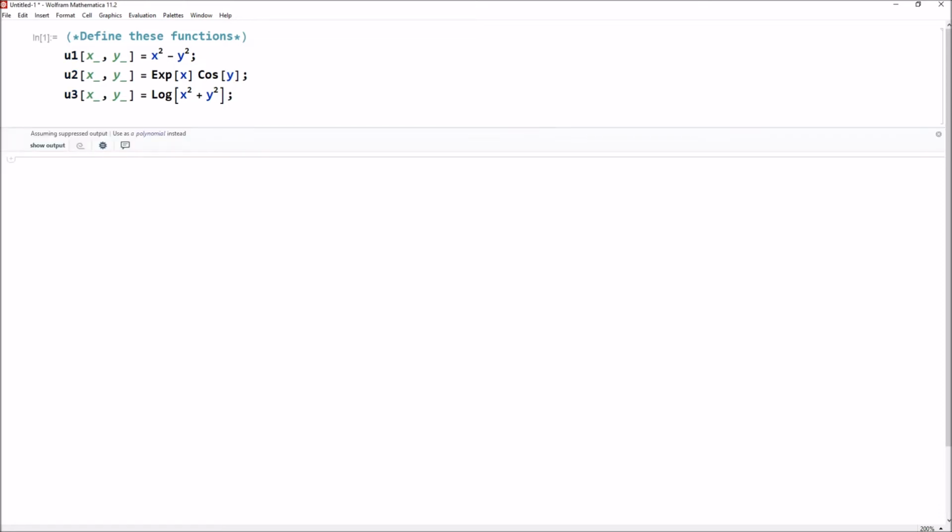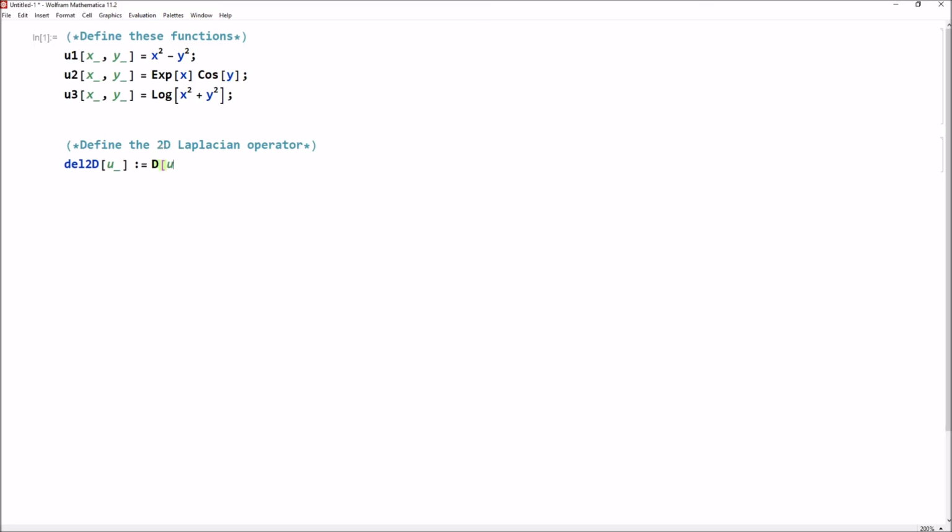That's our functions, and we claimed all of these solve the 2D Laplace equation, so let's define the 2D Laplacian operator. That was what we needed here. So that's our del 2D, and you pass it a function u. I'll use the set delay, colon equals.